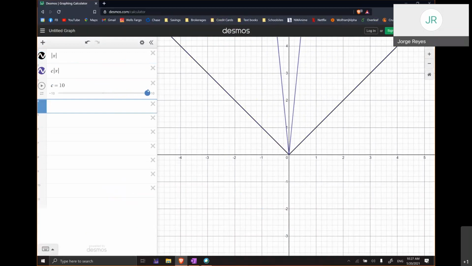But if I start multiplying by fractions, it gets fatter and fatter until 0, in which case nothing happens. And if you go negative, you're reflecting, because the minus sign is a reflection. So then you have to combine the reflection and the shrink.